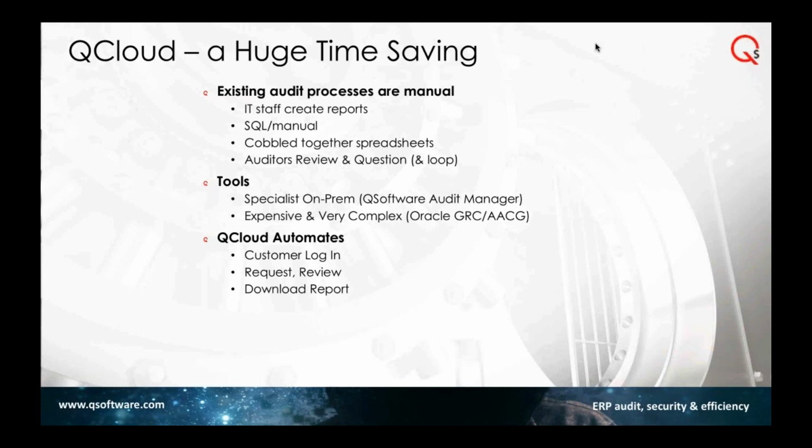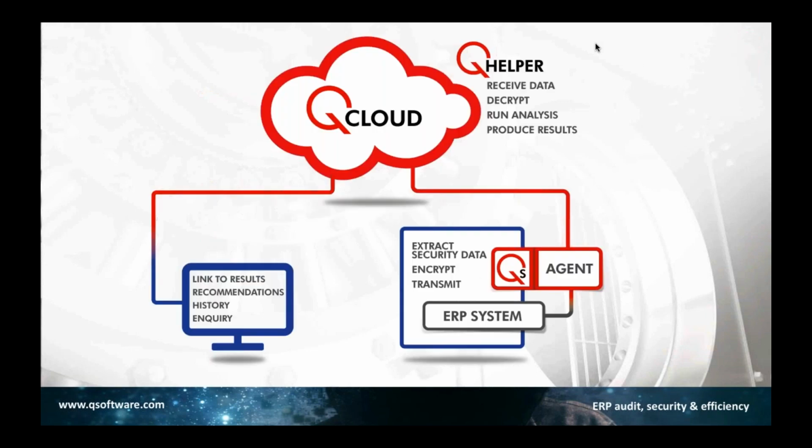So what we're aiming with Q Cloud is to automate this process by enabling you to log in, request an audit overnight, and to get the data back the following day. So on the right-hand side here is your ERP system. It could be JD Edwards, it could be EBS, and we're about to launch the Oracle ERP Cloud version at Open World next month. The data is extracted when you request an audit at 4 o'clock in the afternoon. You log in and say, "Can I have an audit, please?"